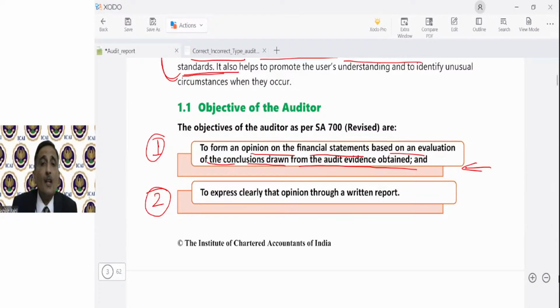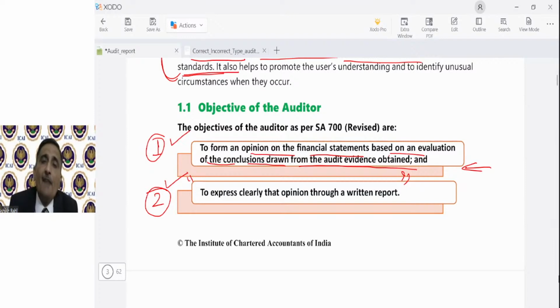Okay. Number one, he has to form an opinion. And number two, once he has formed an opinion, what does he have to do? He has to express that opinion clearly through a written report, because unless he does, the opinion remains in his head, in his mind.